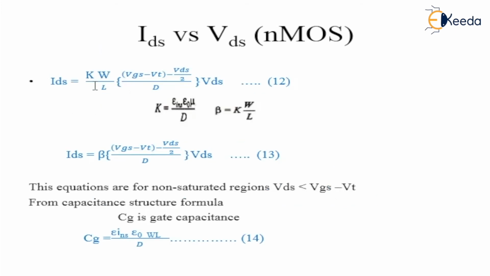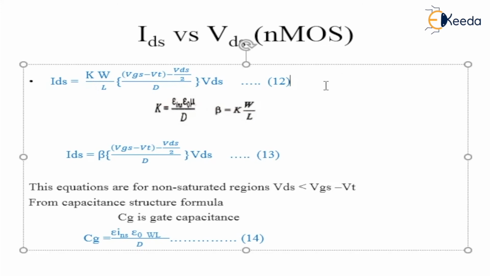So that the minor thing changed. That is considered as equation number 12. Next, consider this KW by L as beta. Then the resultant IDS is equal to beta into VGS minus VT minus VDS by 2 into VDS. So this is the 13th equation.